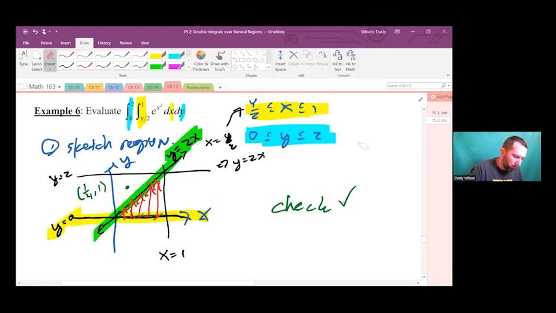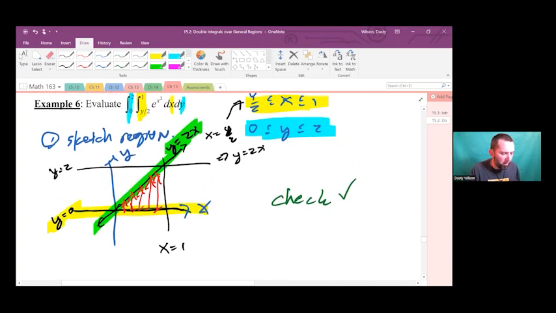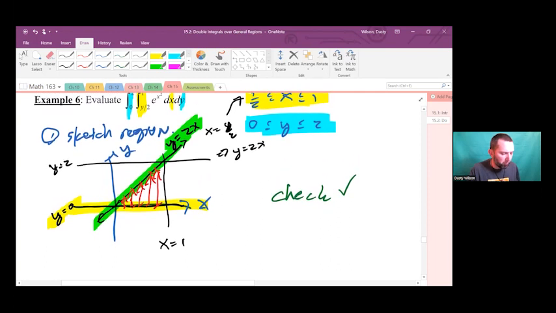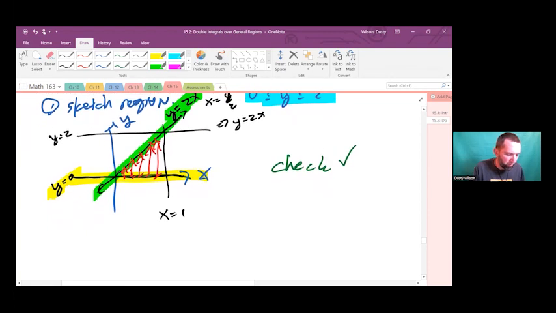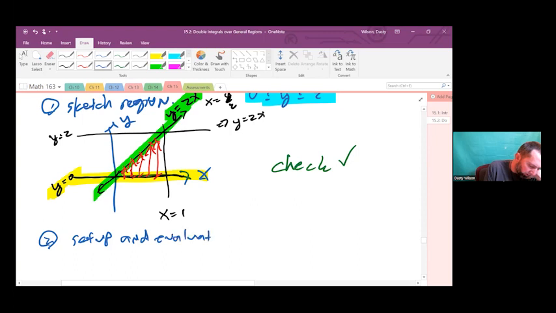Okay. Get rid of some of those things. So we sketched our region. Next up, we need to set up and evaluate the iterated integral.